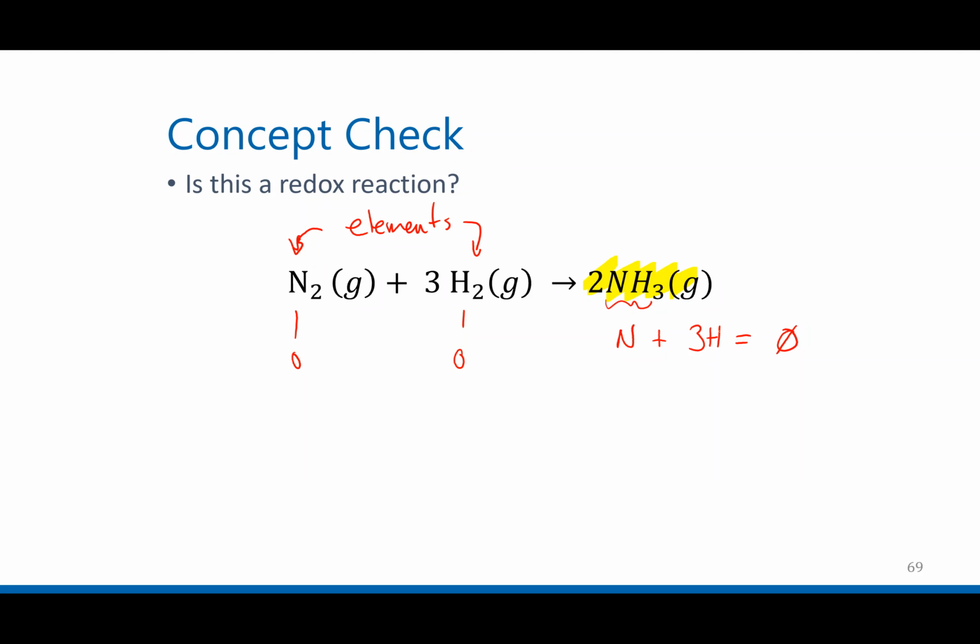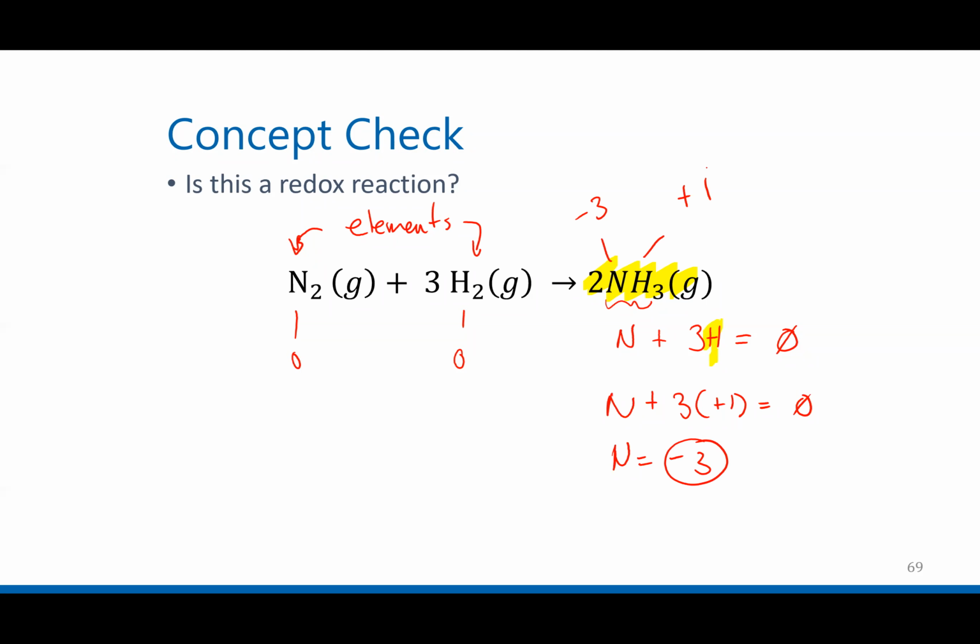Rule number 3 said that if you have hydrogen in your molecule, hydrogen is +1. So this hydrogen here, I'm going to change that to +1. So nitrogen plus 3 times +1 equals 0. Nitrogen equals -3. Okay, so I have all of my charges. My nitrogen is -3, my hydrogen is +1, or in chemistry, you might write it as 3 negative.